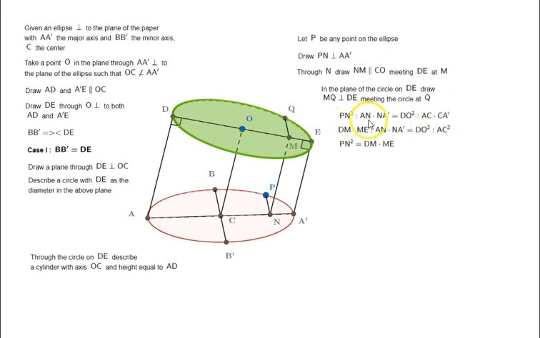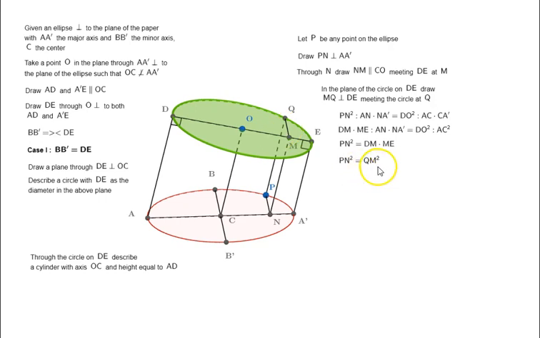So we can say PN square is to AN times NA prime equal to DM times ME is to AN times NA prime. Since PN square and DM times ME have the same ratio with a third quantity, PN square is equal to DM times ME, which means PN square is equal to QM square, because DM times ME is equal to QM square.